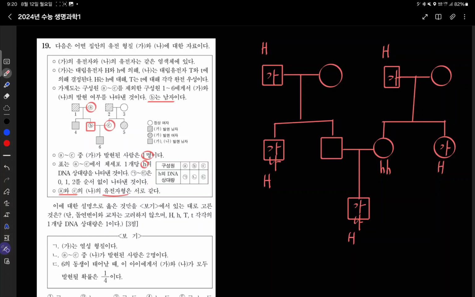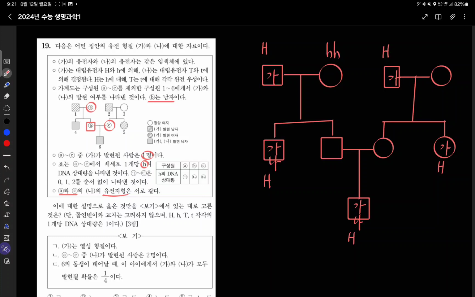Or if A is homozygous H allele, once again, her son, number 4, cannot have a capital H allele because a son's X chromosome comes from mother, not father.